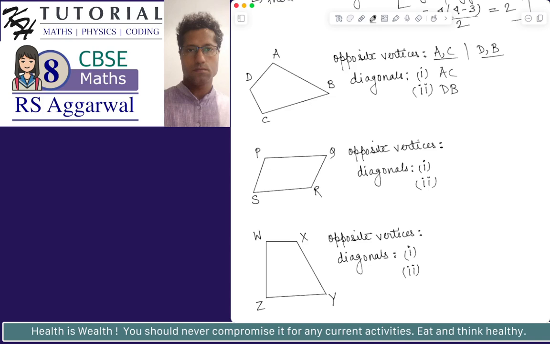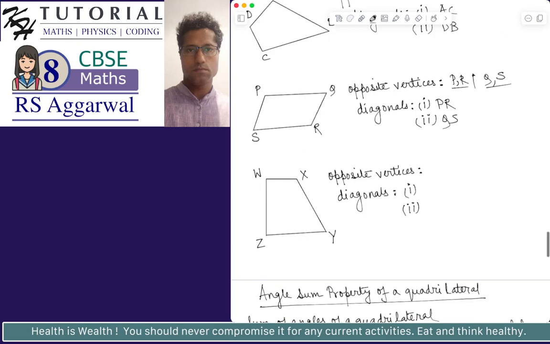For the second quadrilateral PQRS, the opposite vertices are P and R, which is one pair, and the other pair is Q and S. So the vertices P and R will make one diagonal, that is PR, and the other vertices S and Q will make another diagonal, that is QS.